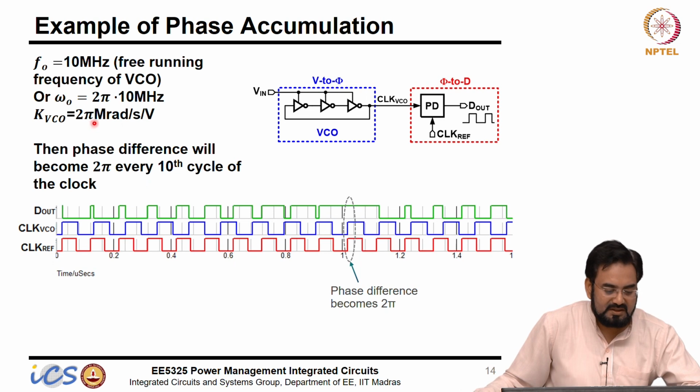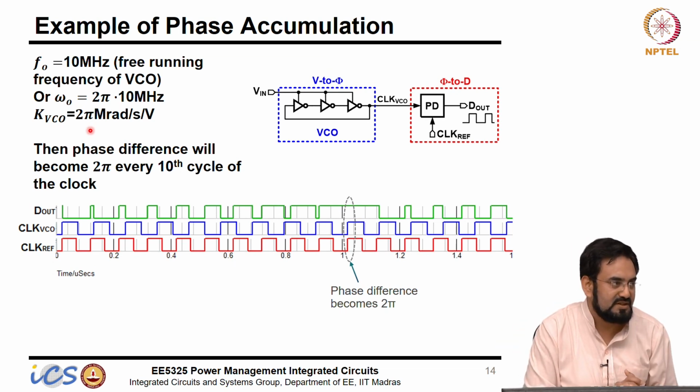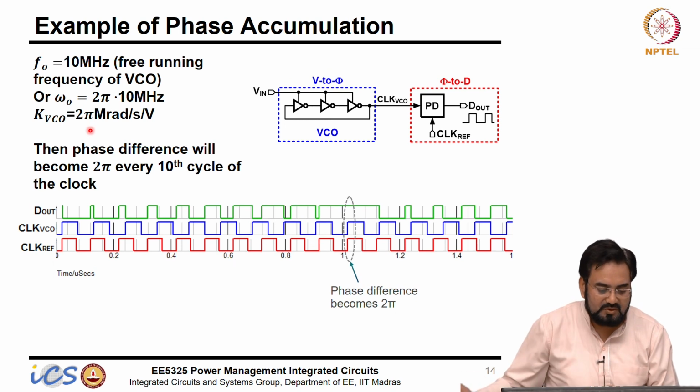So the KVCO will define how much phase will change in one cycle when you give the step at the input. So every 10 cycles your phase will become 2 pi, and then again will start.